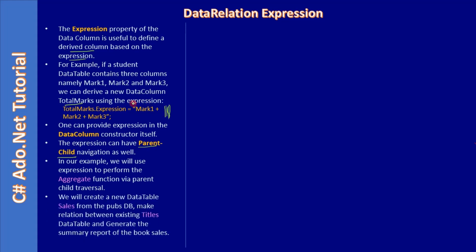We will create a new data table called sales from the pubs DB, make a relation between the existing titles table, and generate the summary report of the book sales. That means for a given title, we can print the aggregate of how many sales.